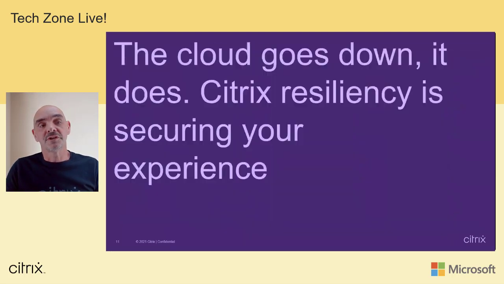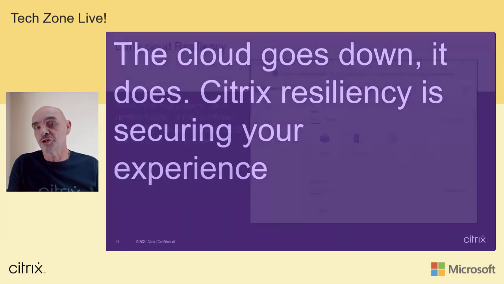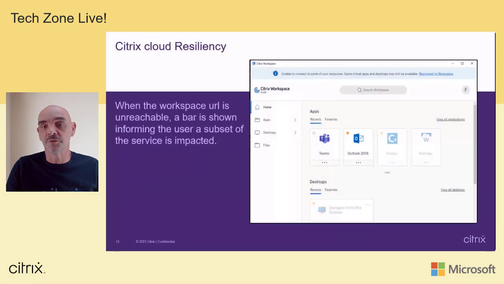And maybe a sad story: the cloud goes down. We've seen it happen a few times in the past year. Sometimes a region goes down, sometimes more goes down, authentication goes down, but it does. We have Citrix resiliency, and resiliency is securing your user experience. If the workspace URL is unreachable, a bar will show that something is down.